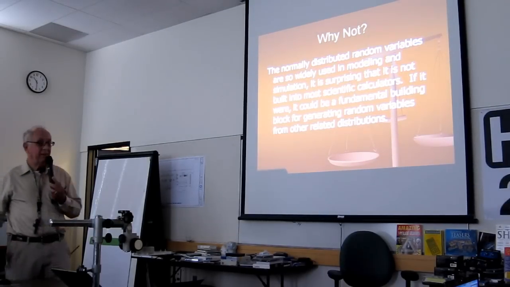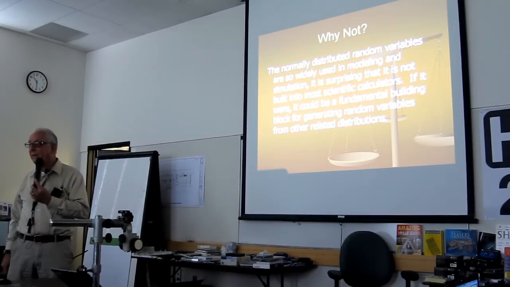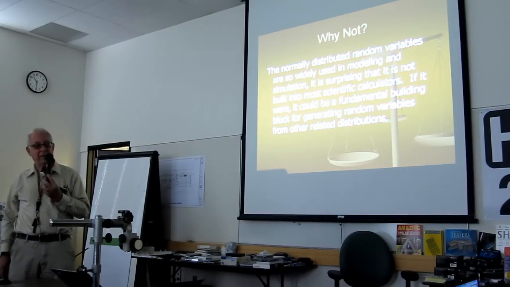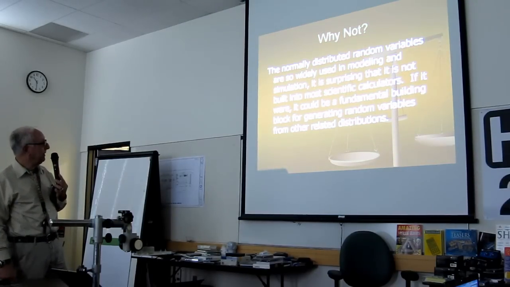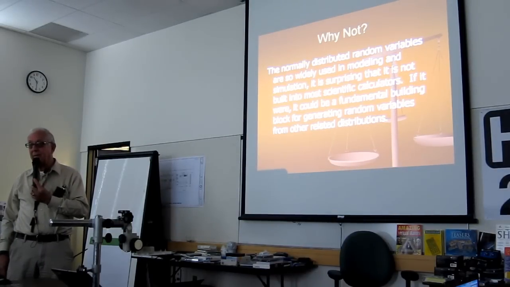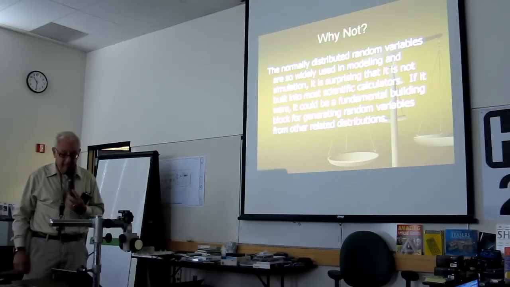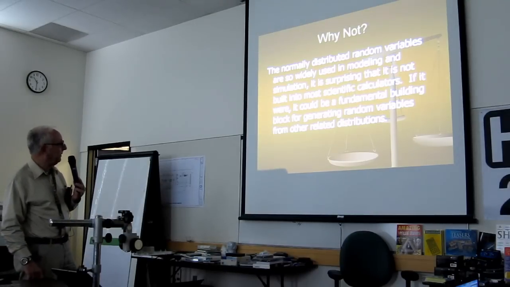So I think this is something that should probably be built into the calculator. And if they don't build the normal deviate generator into the calculator, they should probably at least give you the inverse normal function, so you can have something that executes quickly, and you can get your own.